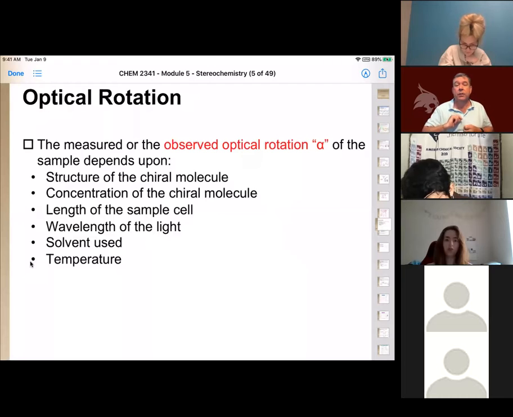The solvent can change it. If the solvent is interacting with the compound, that'll change it. In fact, even temperature can change it. Temperature can make the molecule move faster, and it can actually go from being a positive to negative if you measure it at a different temperature. So we always have to note the temperature when we're doing these optical rotation measurements.